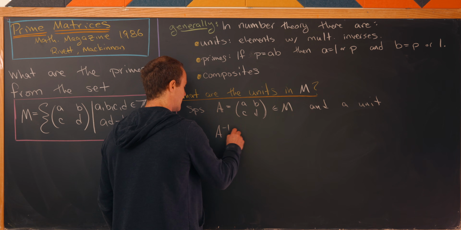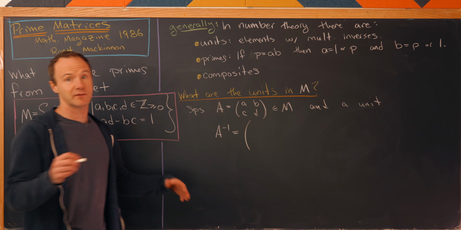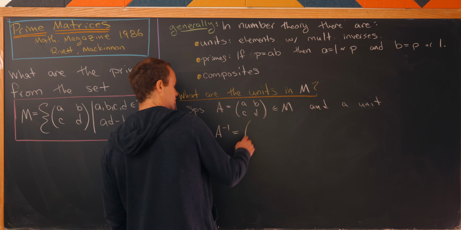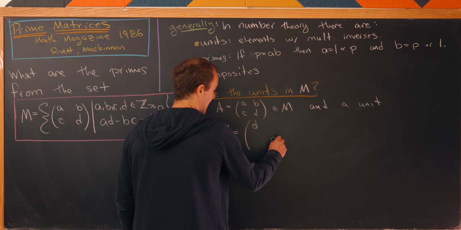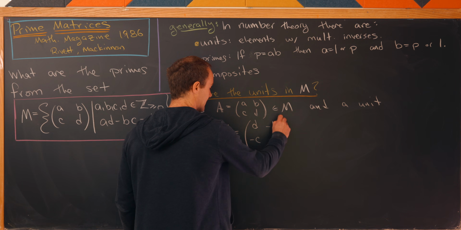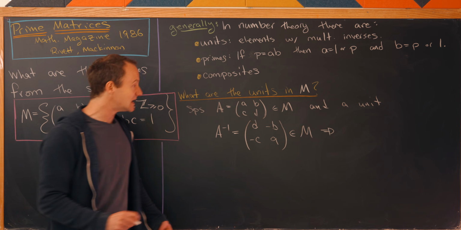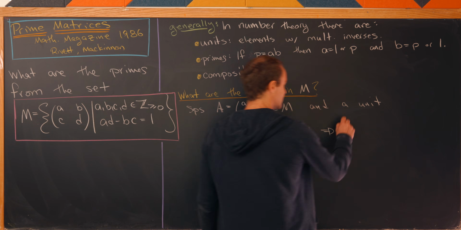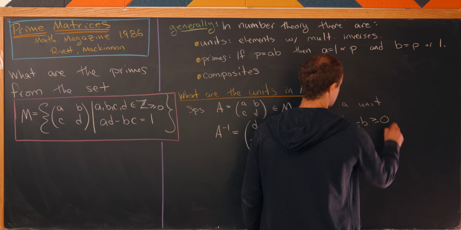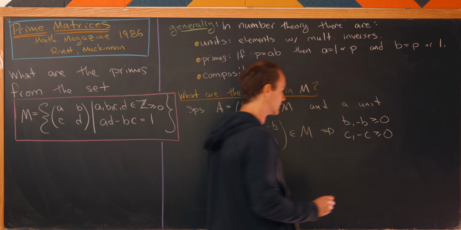But let's recall that the inverse is equal to 1 over the determinant. The determinant is 1 in this case, and then the rule for finding the inverse is to swap the diagonals, so we would have D, A, and negate the off diagonals. Okay, great. So now let's notice immediately we know that B and negative B are bigger than or equal to 0, and C and negative C are bigger than or equal to 0.